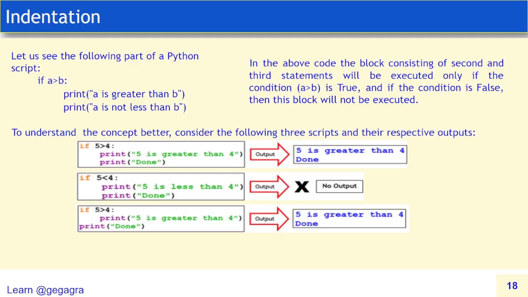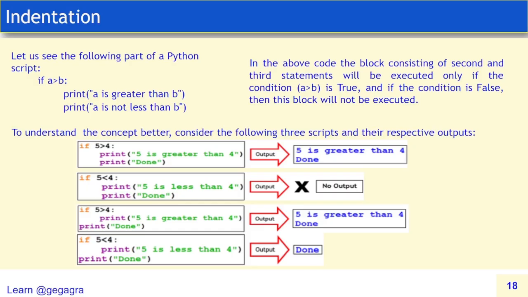So once if 5 is greater than 4 is executed, only then print done is executed. So 5 is greater than 4 is printed just because of the condition, and print done as usual, means the first statement is executed, then the second statement will be executed.